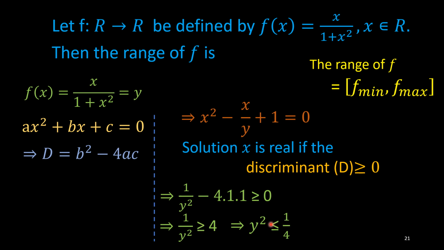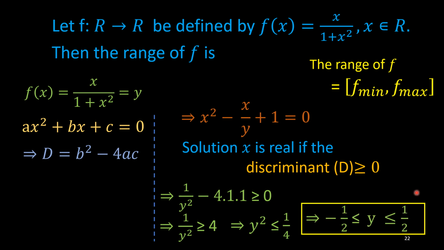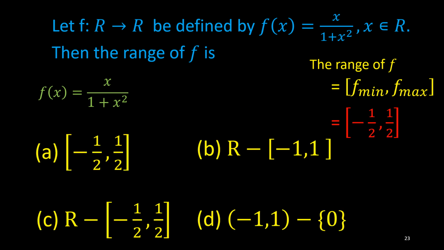Now y will be equal to plus or minus 1 upon 2. Thus y should lie within minus half to plus half, including both values, right? Thus its range will be from minus half to plus half, including these two values. So option A is correct here.